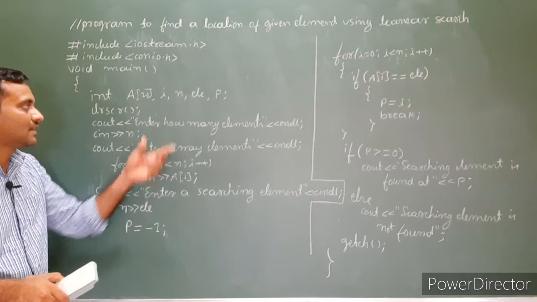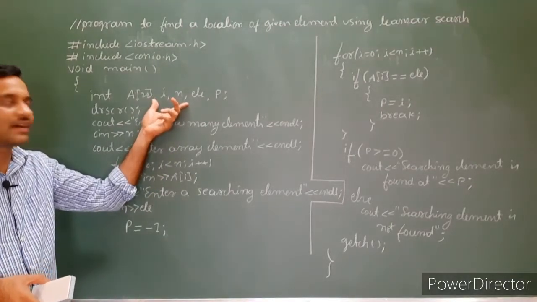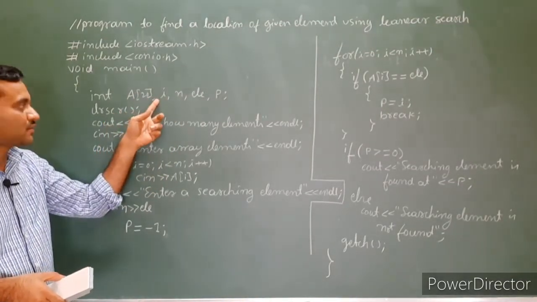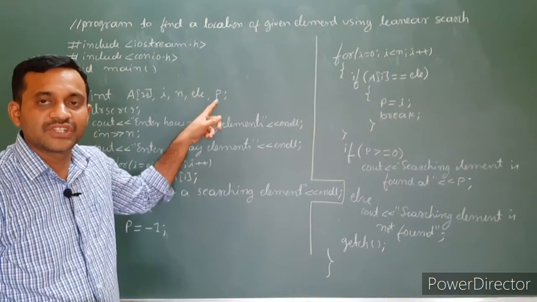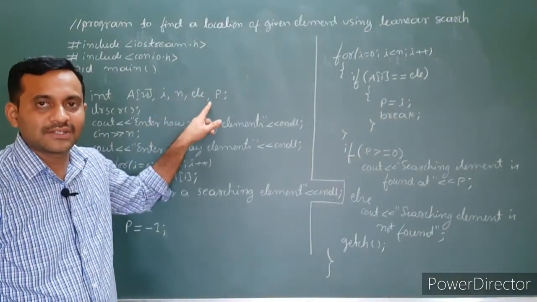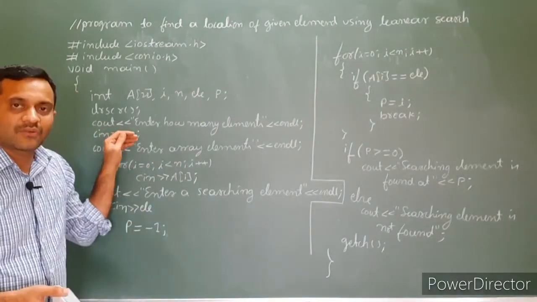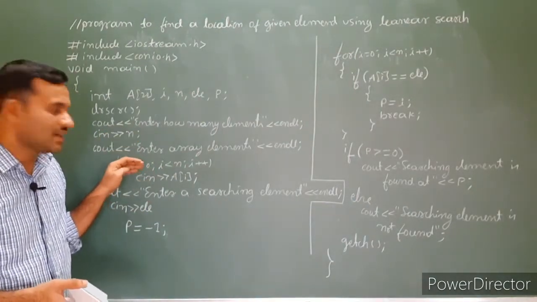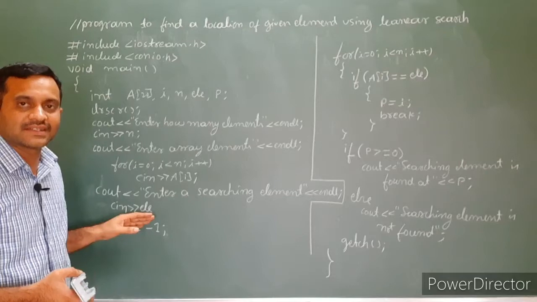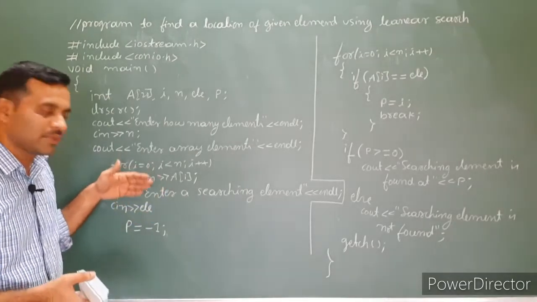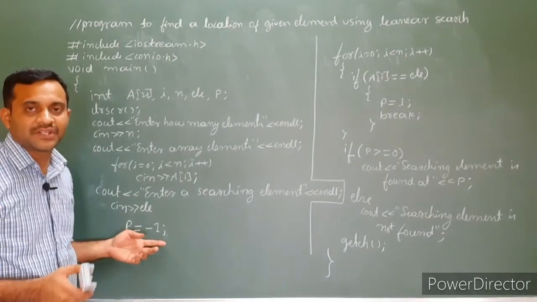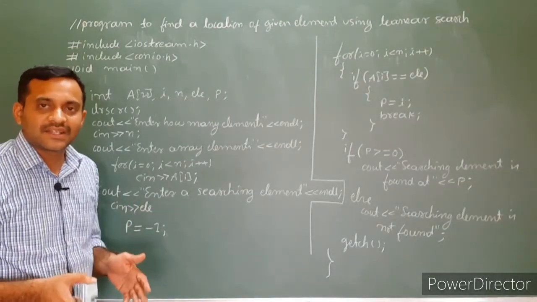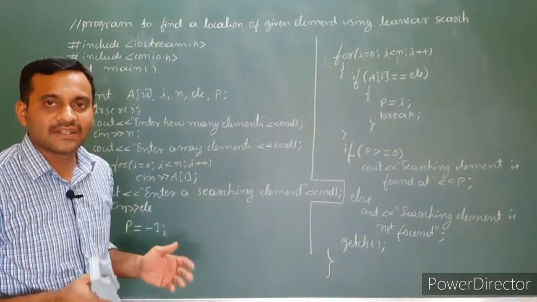So first we declare the variables needed: array, index value, number of elements, searching element and position to return, that is p. Read the number of elements, how many numbers, then read the array elements, also read the searching element. After that, apply the algorithm. Initialize p equals -1, that is, the given searching element is not present in the array.